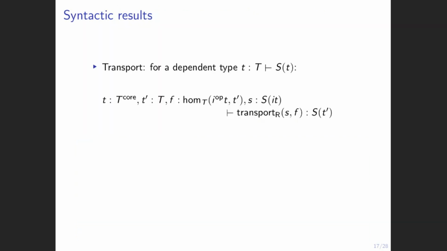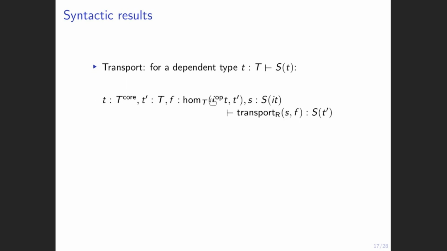Okay. So it's built just to be able to do transport along elements of this hom type. We need something beginning at a guy in the core and ending at anything. We have a path between them and we have an inhabitant. There should be the op here. There's a tiny typo here.